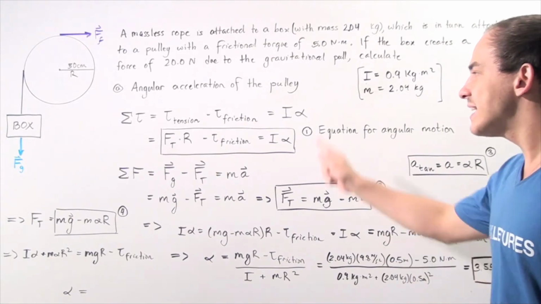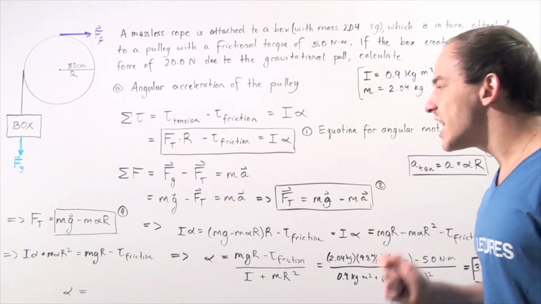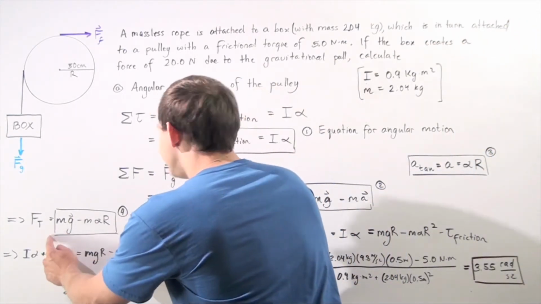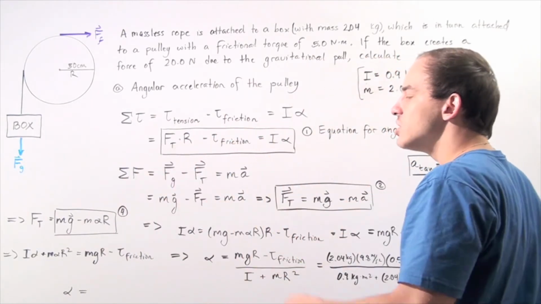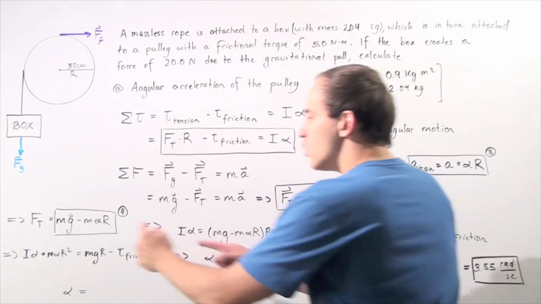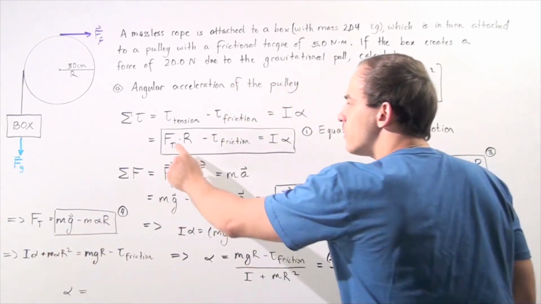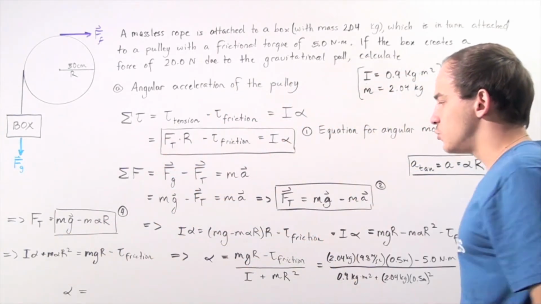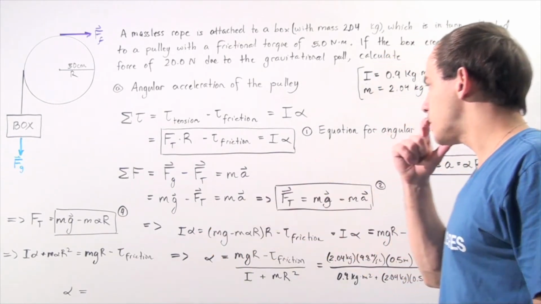So now we take equation 1 and we substitute equation 4 into equation 1. We plug this quantity into the force tension in equation 1. And we get the following result.